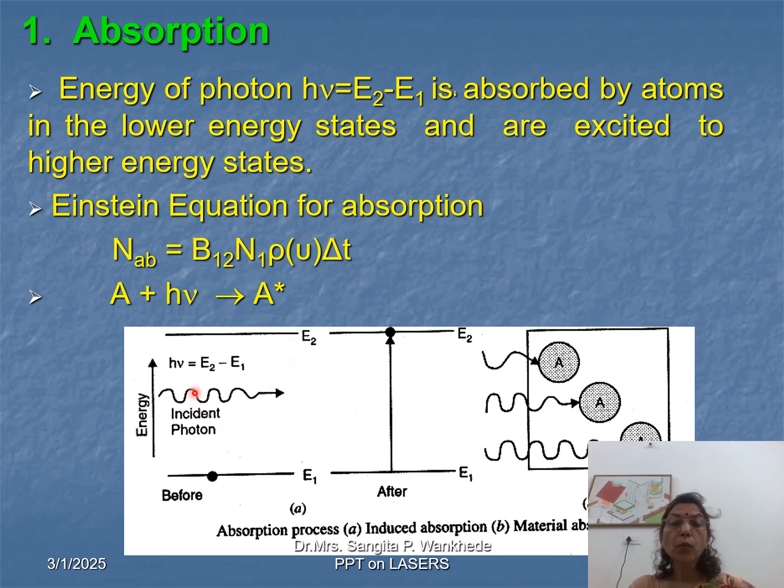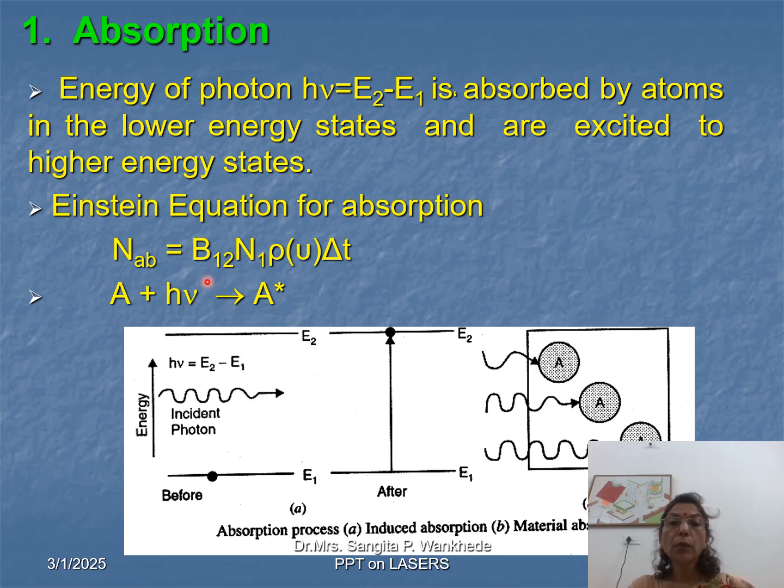When a photon of energy h mu is incident on the medium, ground state atoms, which normally have a tendency to remain in the ground state, absorb the energy and are excited to the higher energy level.